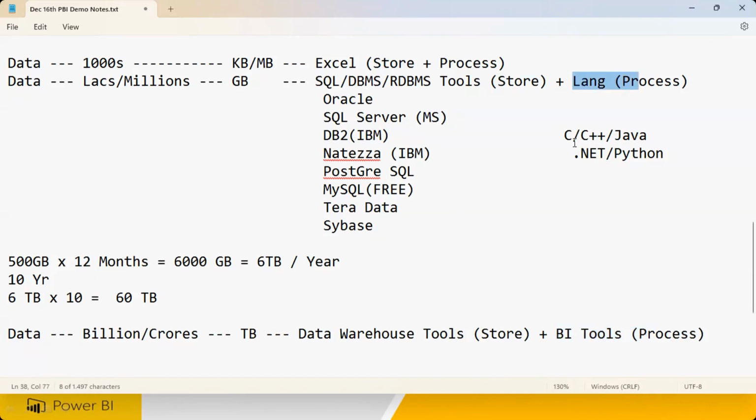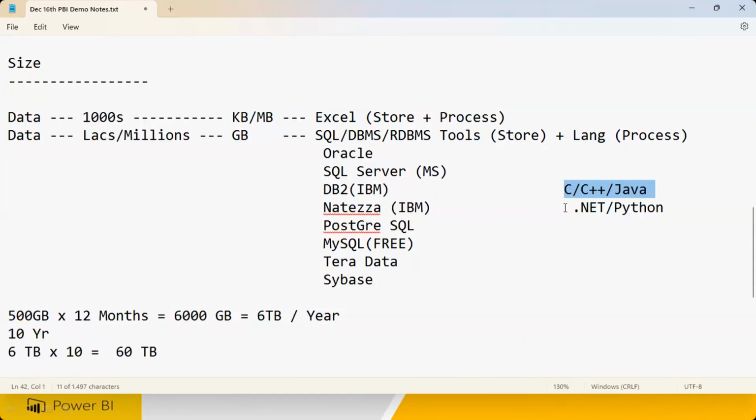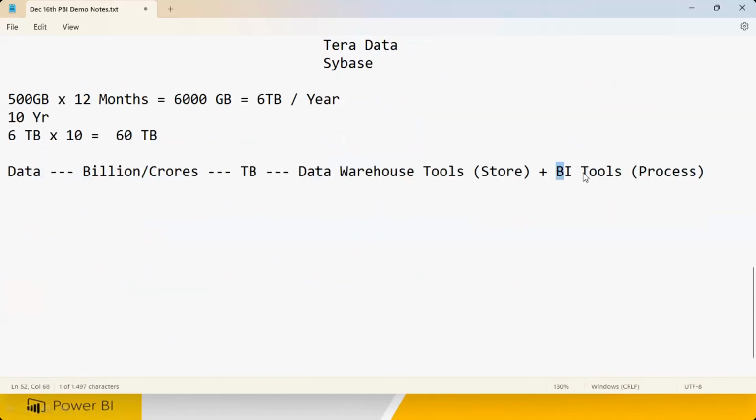Earlier, people were implementing languages only, and you need to write a lot of code. So the IT industry started questioning: when you have a large amount of data and you start writing code, the application will become very slow, and the development process will be very slow. We need no-code, low-code software. This is how the IT industry had to introduce no-code software.